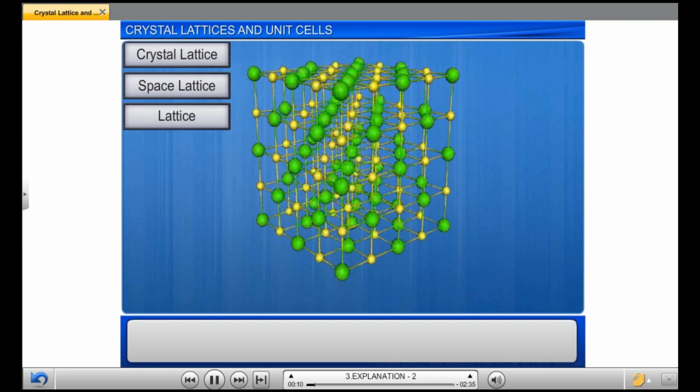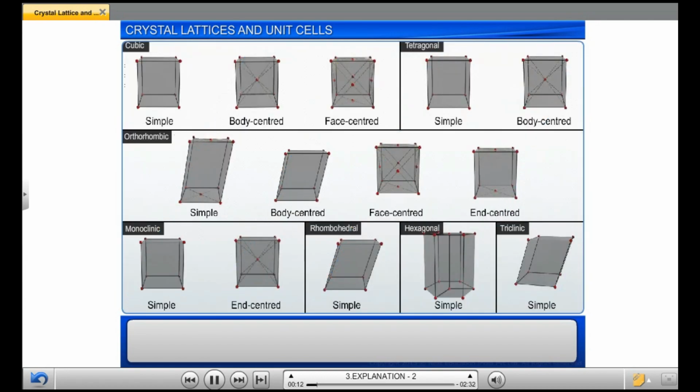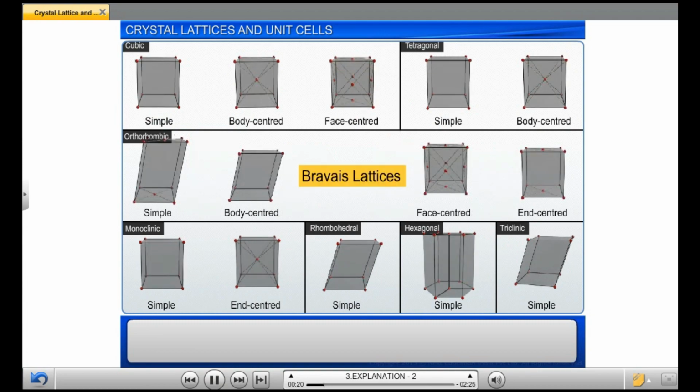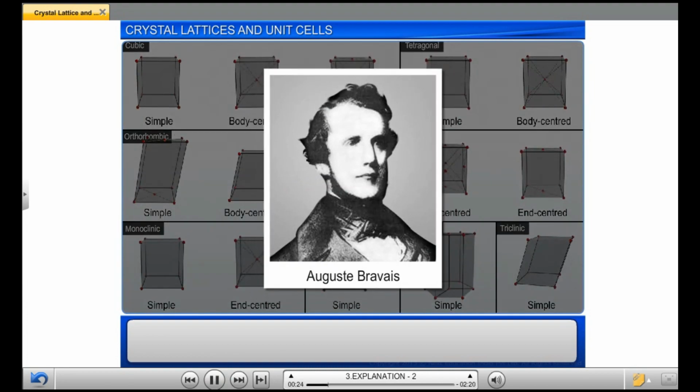There are only 14 possible three-dimensional lattices, and they are called Bravais lattices, after Auguste Bravais, a French mathematician who first described them.